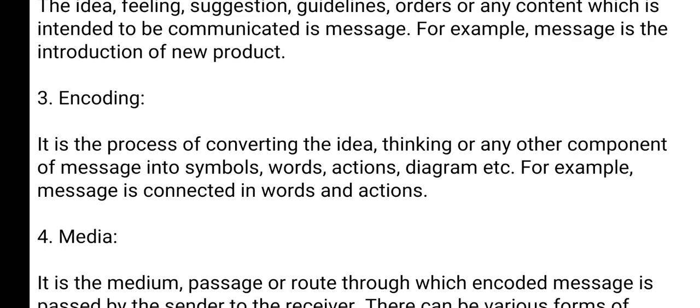So it is very important to convert your thoughts and ideas into words or actions so that the other person can understand.